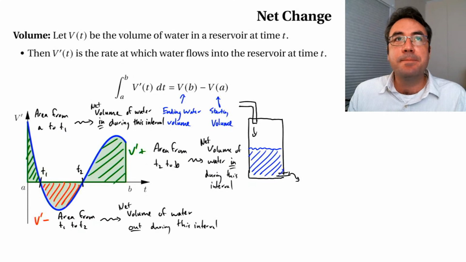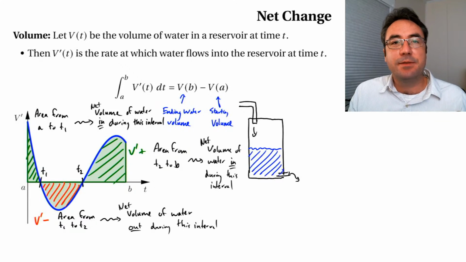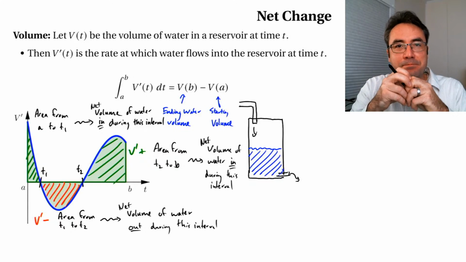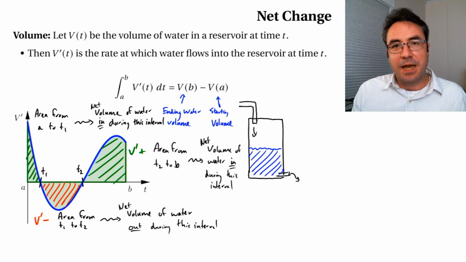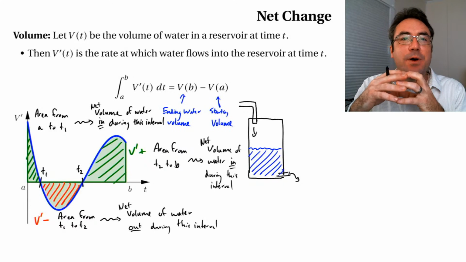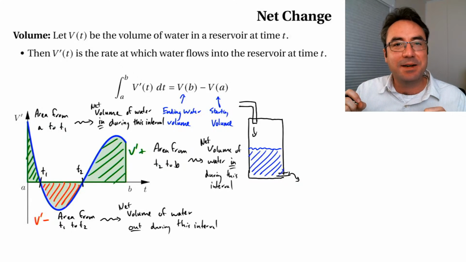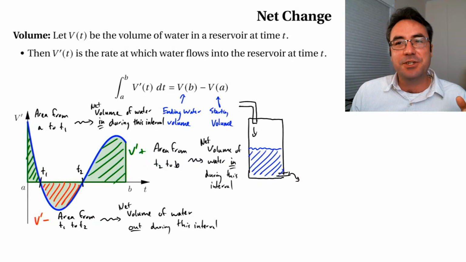So there's other examples. You might look at, say, if you have a chemical reaction, the concentration of a chemical during that chemical reaction. It might be coming together, might be breaking apart. So you might have more of a certain chemical during one section of time, and then that chemical might break apart, so you lose it during another section of time.